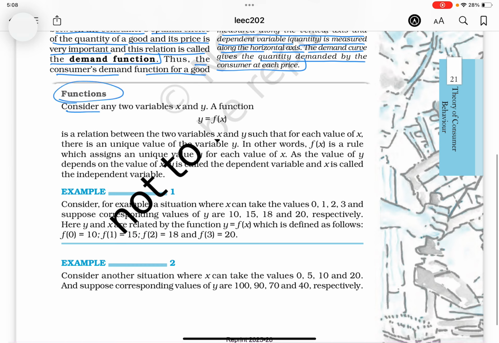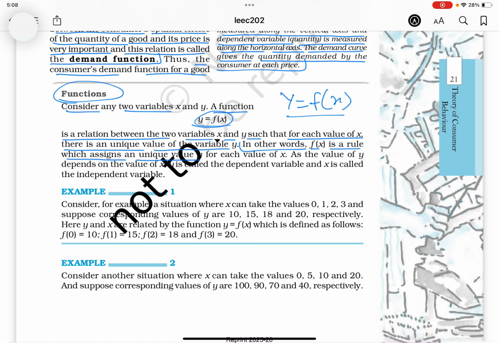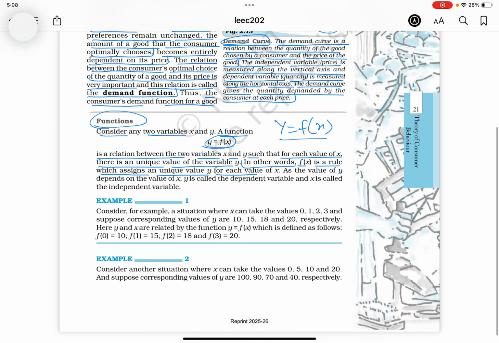Functions: consider any two variables x and y. A function y = f(x) is a relation between the two variables x and y such that for each value of x there is a unique value of the variable y. In other words, f(x) is a rule which assigns a unique value y for each value of x.